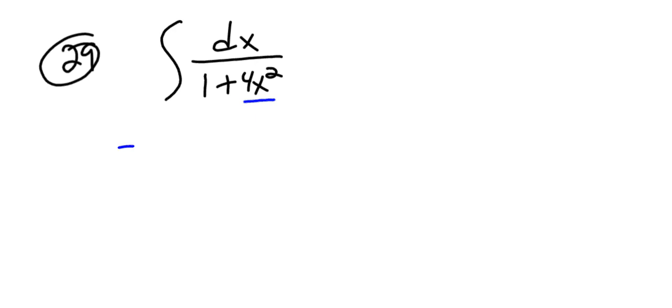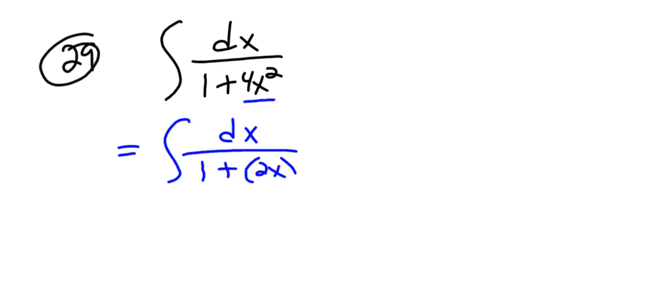So I'm going to manipulate this one a little bit and make it look like this. And in this case, I can see what it looks like a little bit better, and taking the derivative of 2x gives me only 2. I can deal with a coefficient and not an extra variable. So in this case, I'm going to let u be 2x.